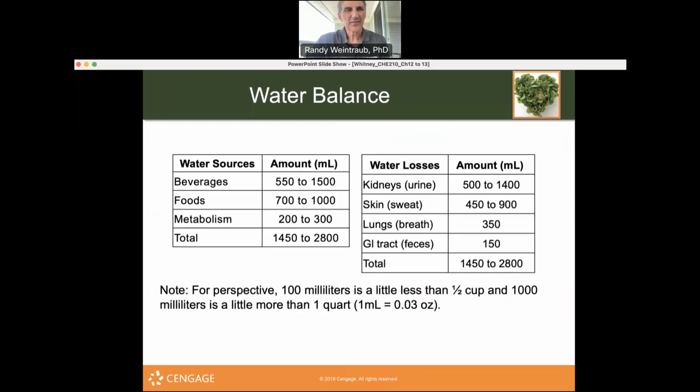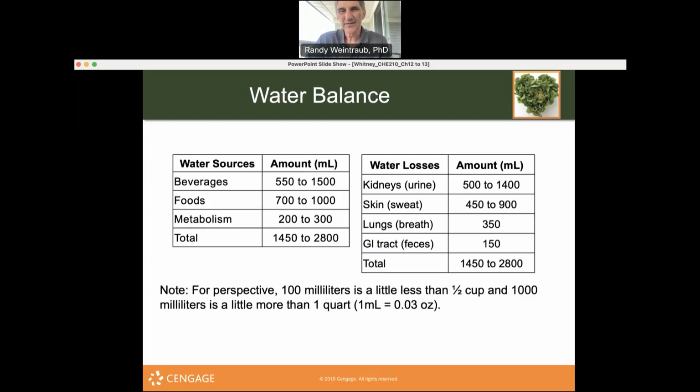Yes, indeed, water sources come from beverages, the most obvious, but also a significant amount from food. And our normal reactions in the body also produce water, mostly at that end point of producing ATP, where water is also a product.